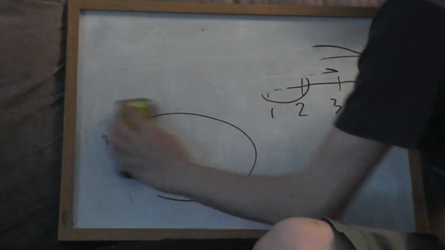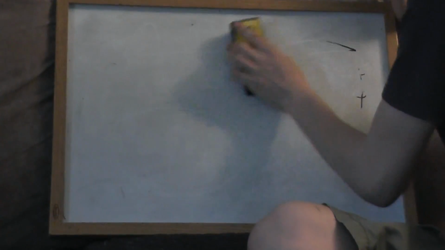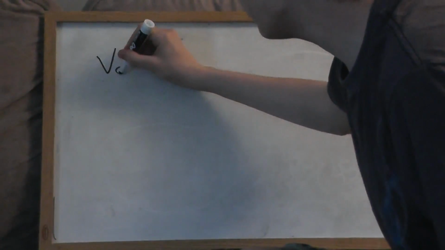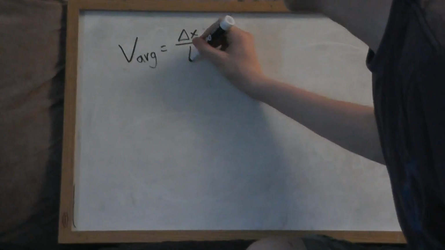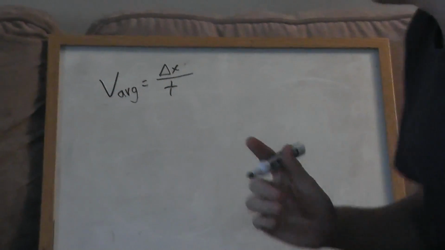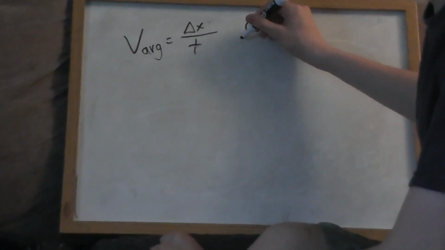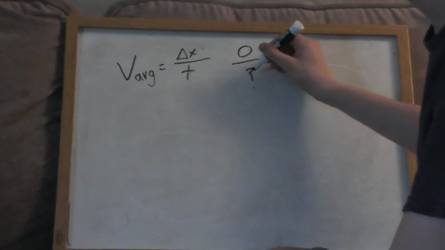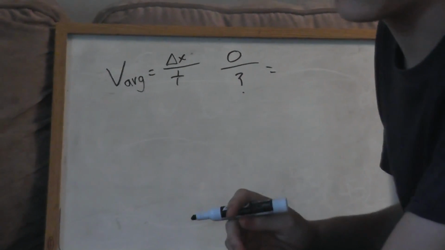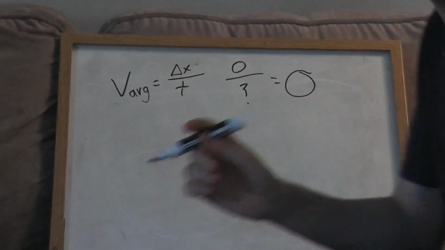So that explains displacement, but how come his average velocity was 0? Well, average velocity is equal to your displacement over time. And as we all know, 0 over anything except for 0 is 0.